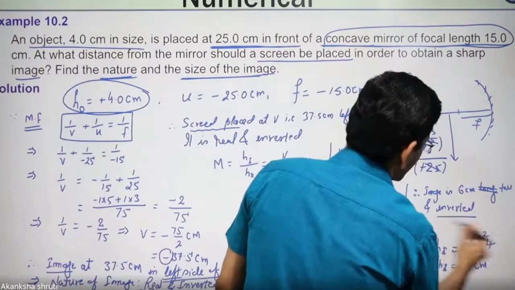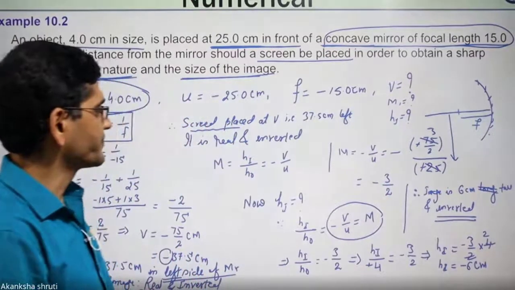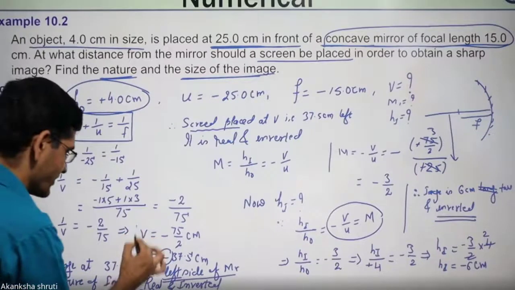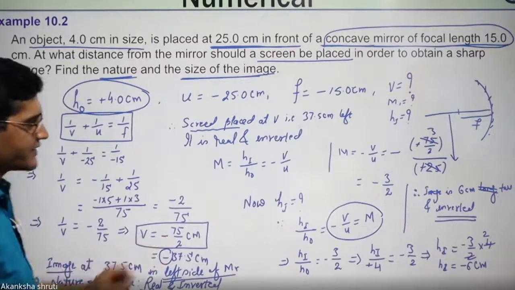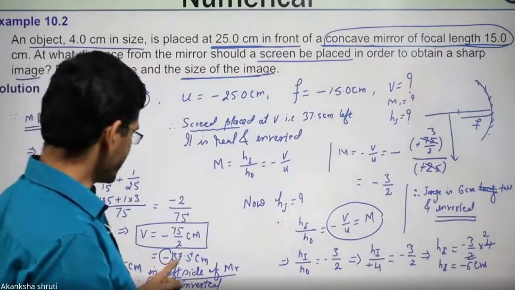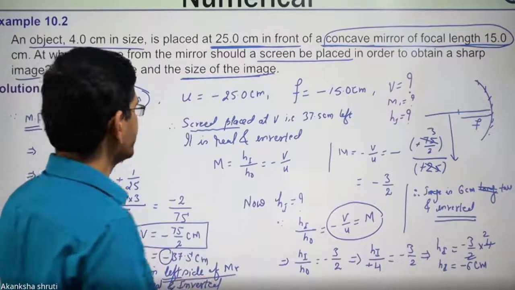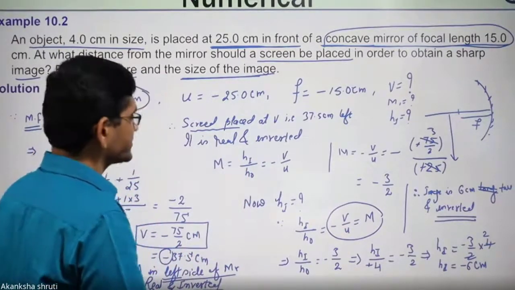Since it is the real image, so surely it will be inverted. This way, all the required quantities we have calculated. One was the position of image that we had calculated. Minus of 37.5 indicates image is real. So the nature we had written as real and inverted.